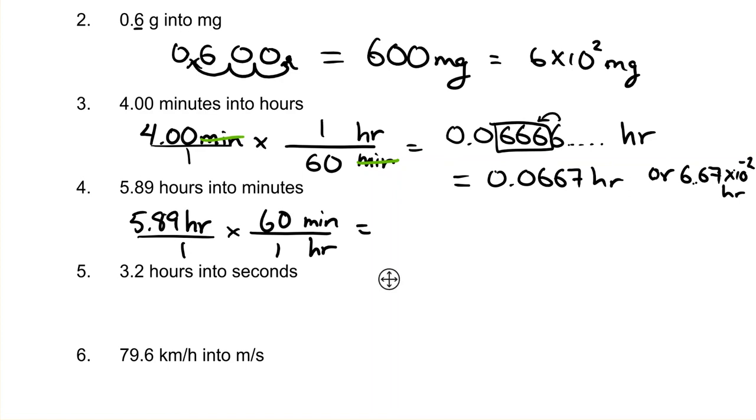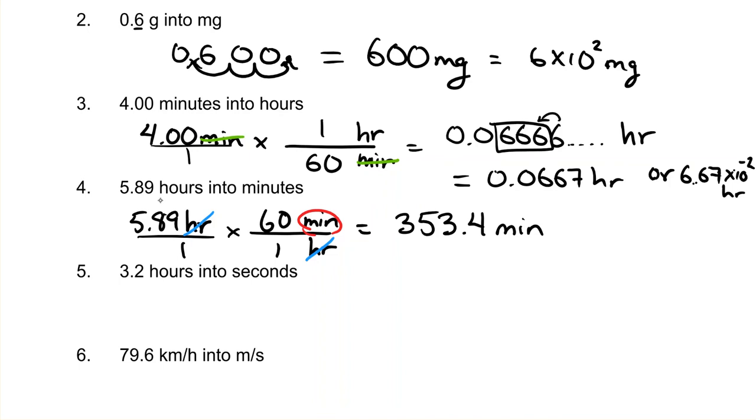So hours and hours cancel out because they're on opposite sides. We're left with minutes. 5.89 times 60 is 353.4. And the only unit I'm left with is minutes.